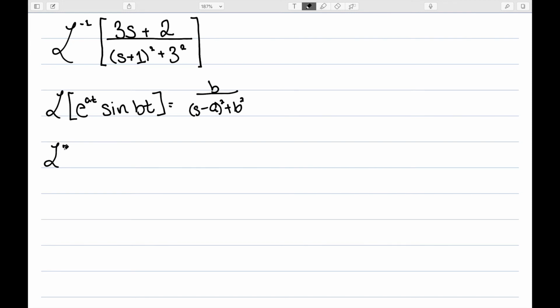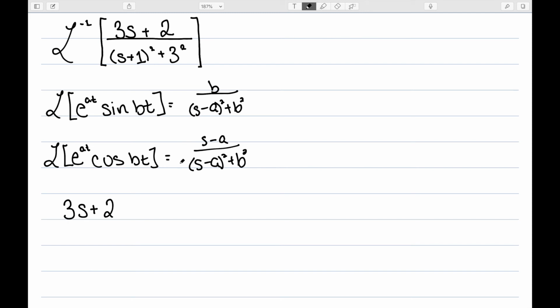We also have that the transform of e to the at cosine bt is s minus a over s minus a squared plus b squared, and neither one of these quite matches this thing up here, so we're going to have to rewrite this. The denominator is already written of the appropriate form, but we need to rewrite the numerator.